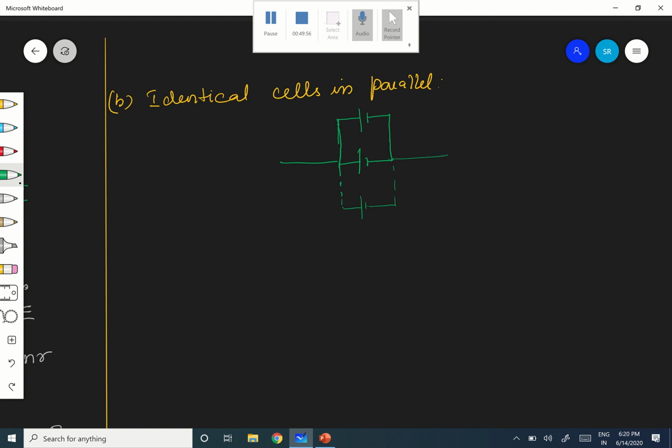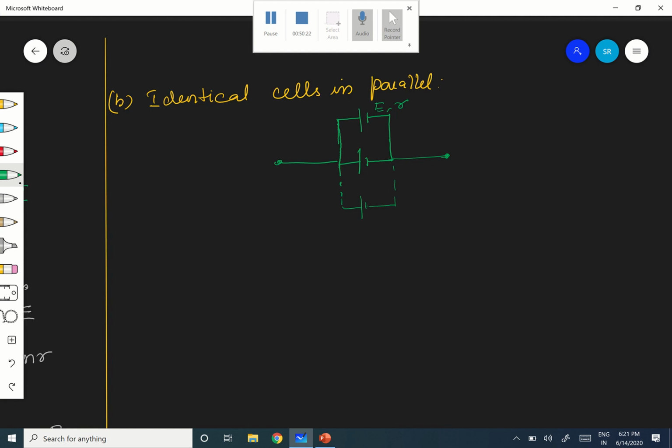Here, the EMF is E and the internal resistance is r. Therefore, how to find the net resistance when they are connected in parallel? Net resistance is nothing but equivalent resistance.